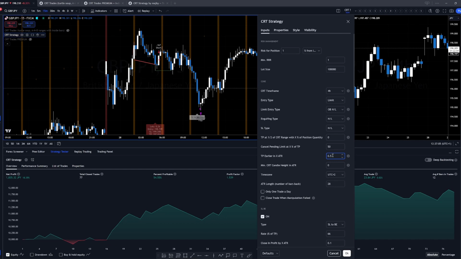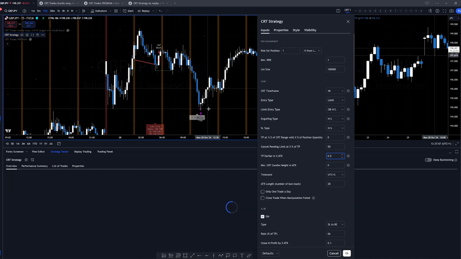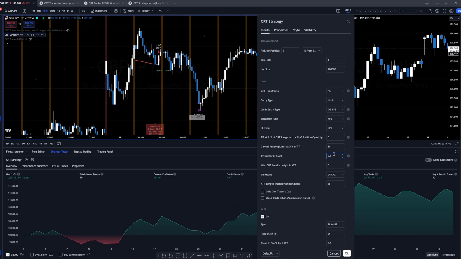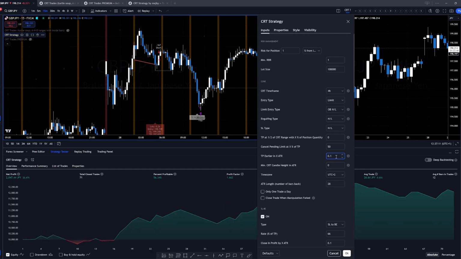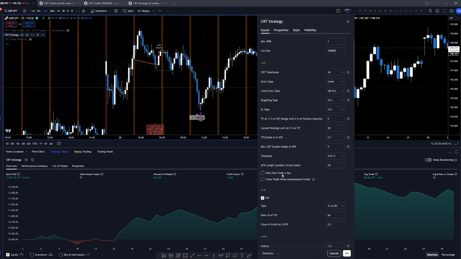If I set it to 0.5 of ATR, it will be higher, as you can see. So I would set it at least to 0.1. You know these settings. Also, you can set if you want only one trade a day. You can also set the check if you want to close the trade when manipulation failed.